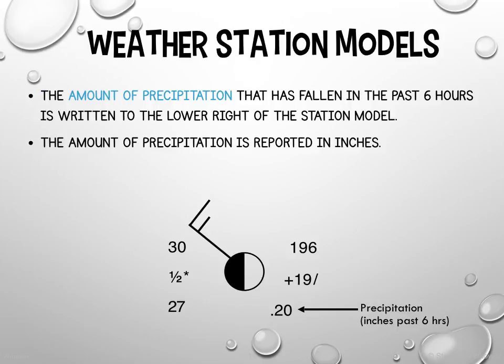Amount of precipitation is on the bottom right, and it's in the past 6 hours. You're not going to include things that happened yesterday or 3 days ago. It's only within the past 6 hours, and it's in inches.